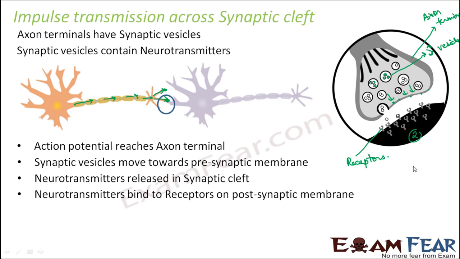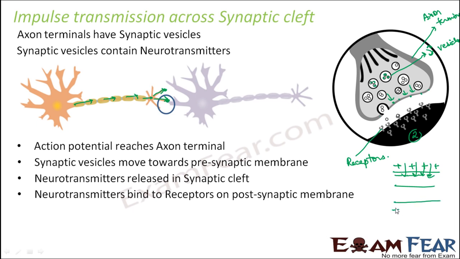As long as this binding had not taken place, neuron 2 was in the resting phase. Resting phase means inside it was negative and outside it was positive. But as soon as these receptors bind to these molecules, the voltage gated ion channels will open and a lot of positive ions will start moving in.